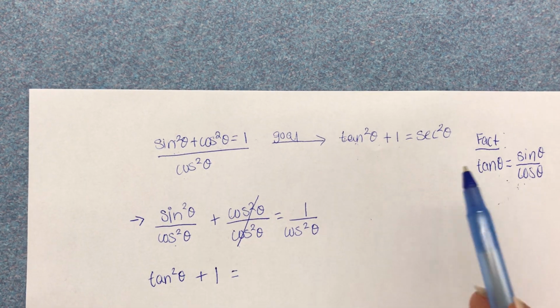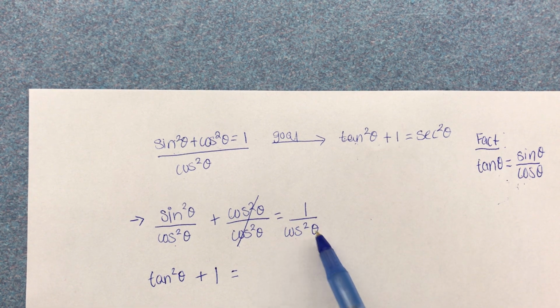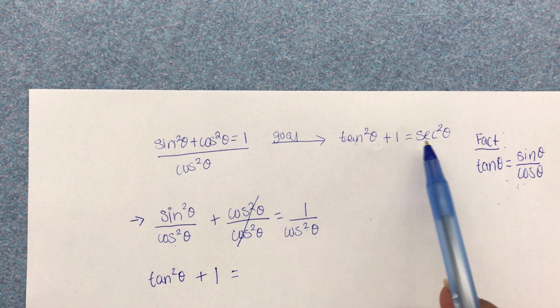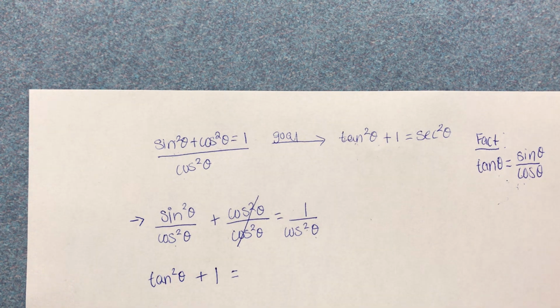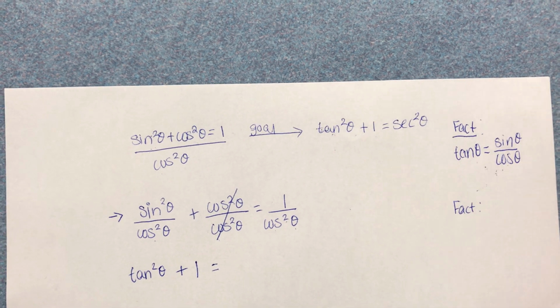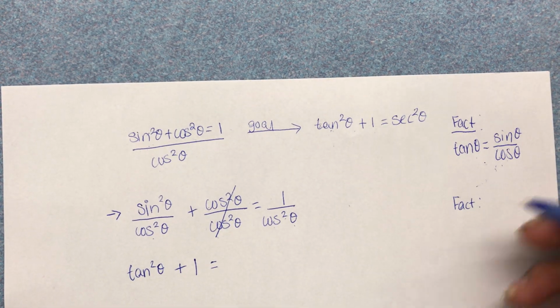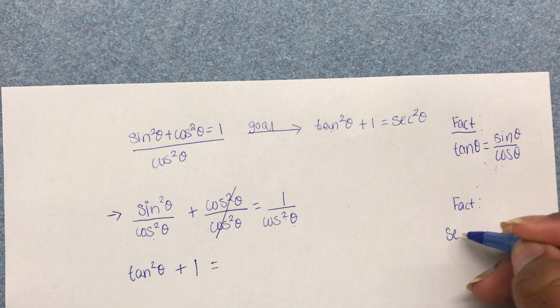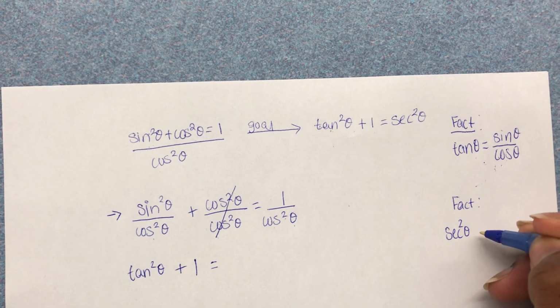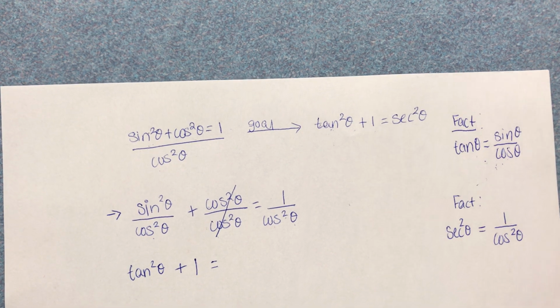So then you might be thinking, how will I prove that 1 over cosine theta squared is the same thing as secant theta squared? Well, that brings me to another fact that we need to know when dealing with trigonometric functions, and that is secant theta squared is equal to 1 over cosine theta squared.